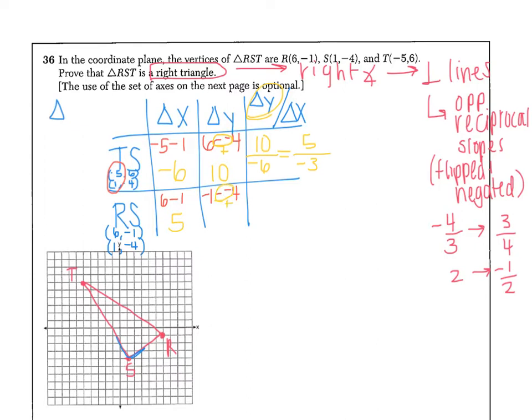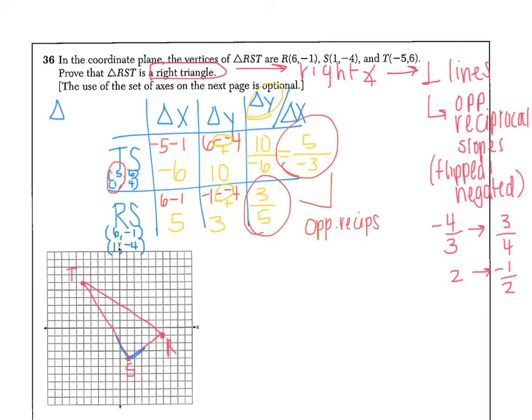So -1 plus 4 is +3. Y is to the sky, so 3/5. When we take a look at this, I have 3/5 and -5/3. These are opposite reciprocals.